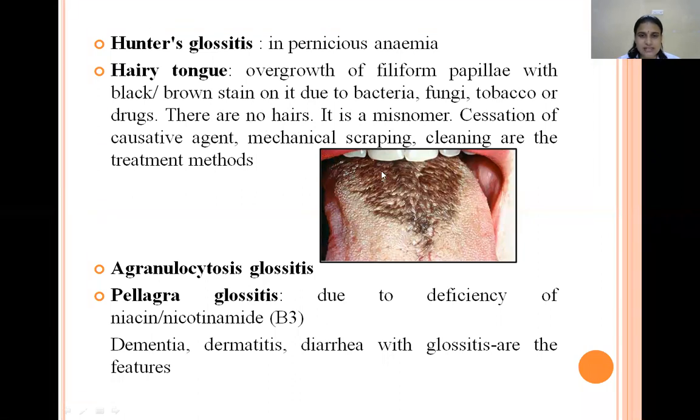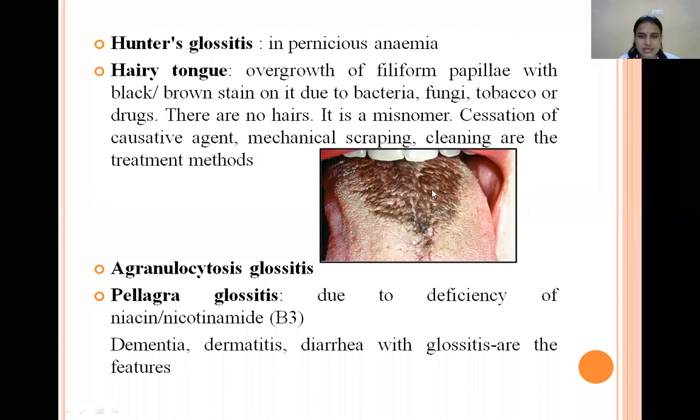It is not hairs that give the blackish discoloration. It is the bacterial or fungal or tobacco staining on the overgrown filiform papillae. So cessation of the causative agent and superficial scraping of this excess papillae, along with proper orodental hygiene, is enough to treat hairy tongue.